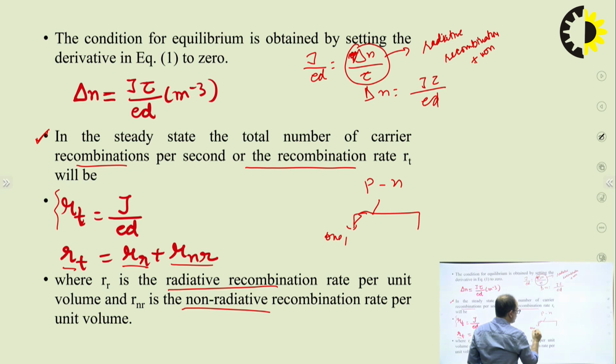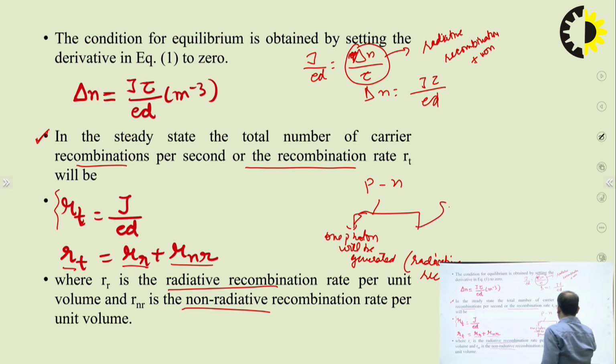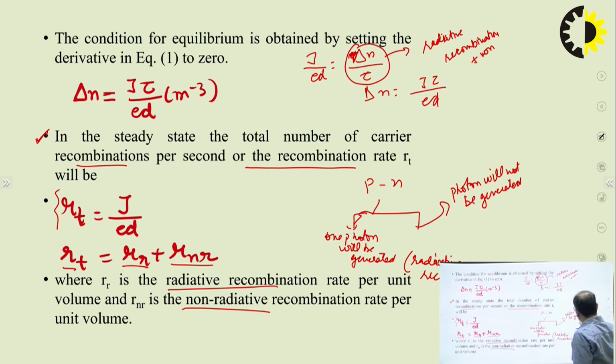In one case, a photon will be generated, that type is known as the radiative recombination, and in another case a photon will not be generated but heat is produced, meaning after recombination only thermal heat will be produced.